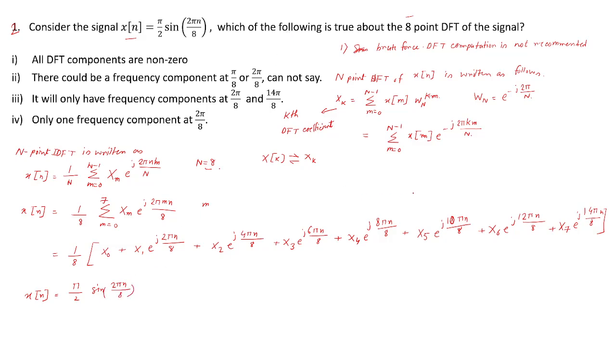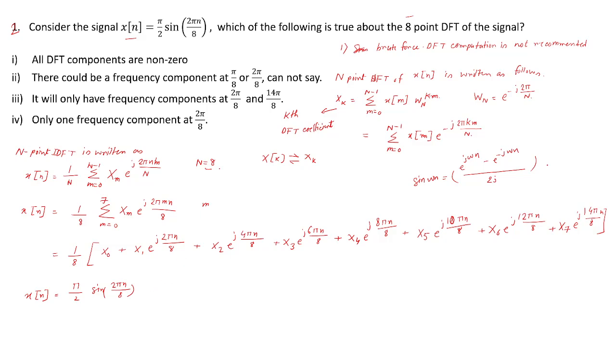Now we use this property that sine omega n can always be written as a linear combination of e to the power j omega n minus e to the power minus j omega n over 2j.